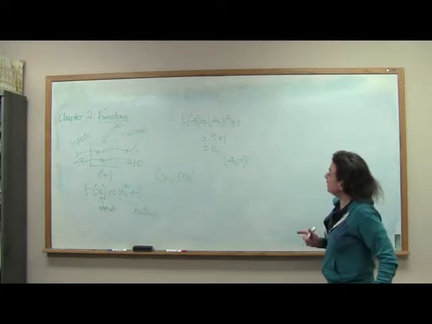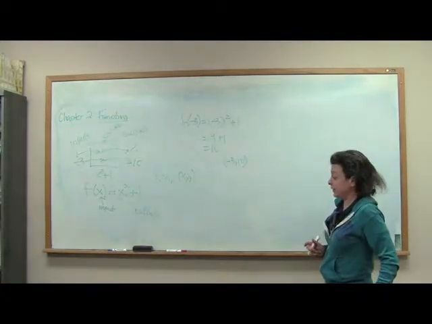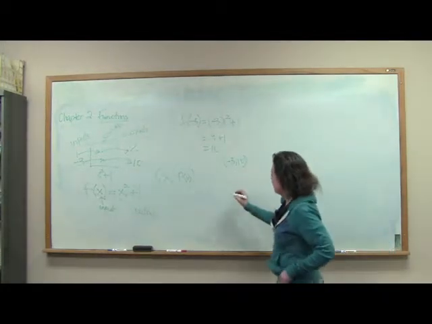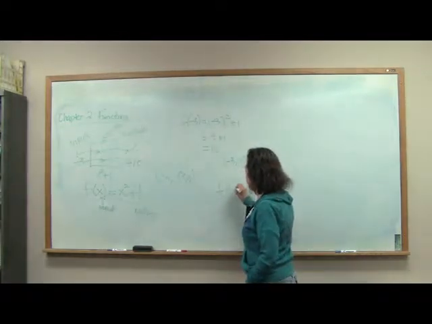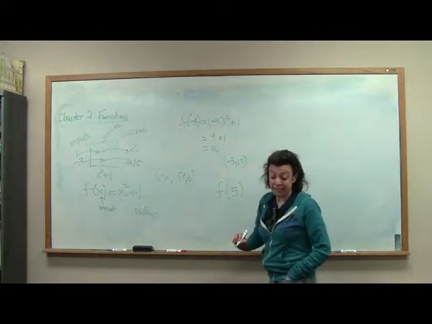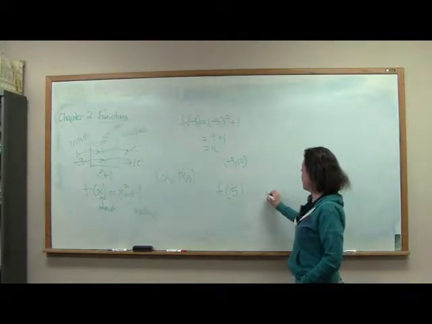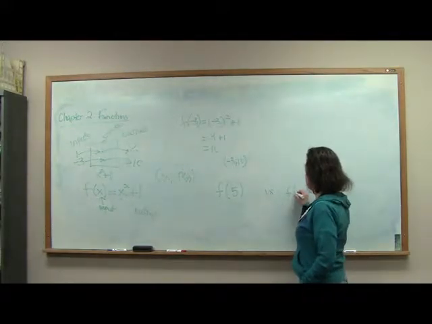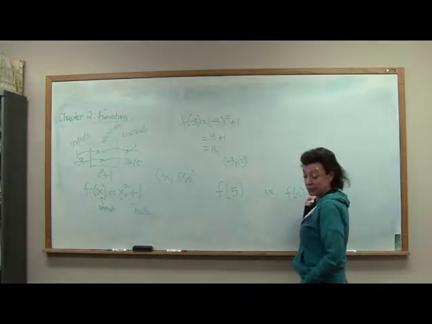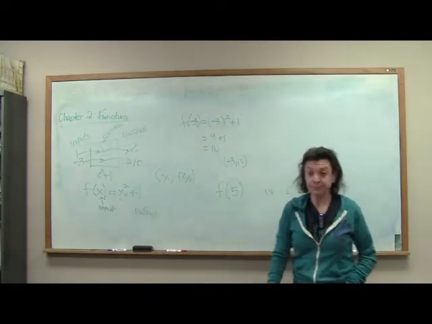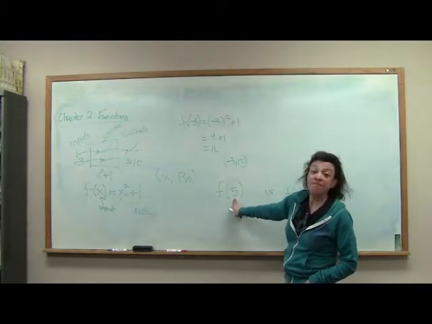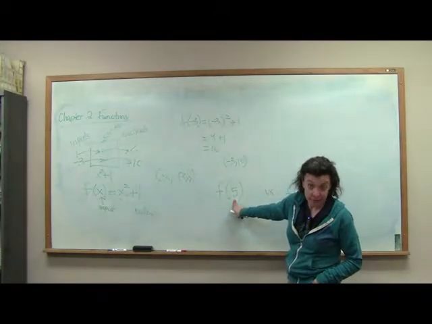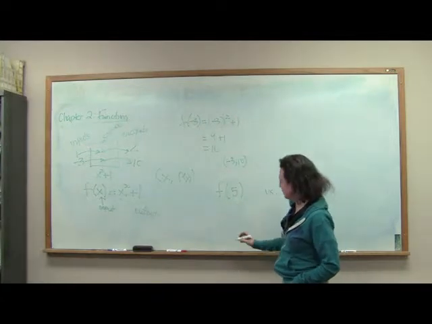Okay, something that I want to point out here is the following. There is a big difference between saying, hey, what is f of 5 versus what is f of x equal to 5, okay? Notice here, what we're saying is 5 is our input, what is our output?